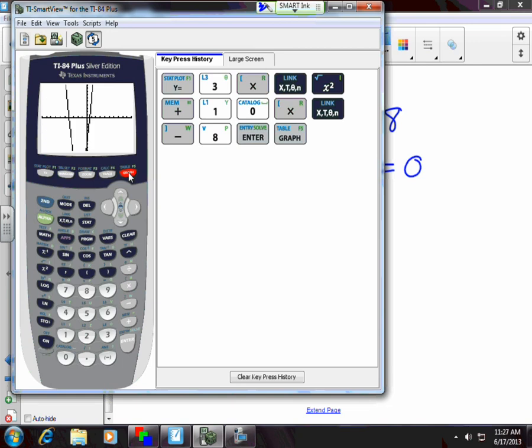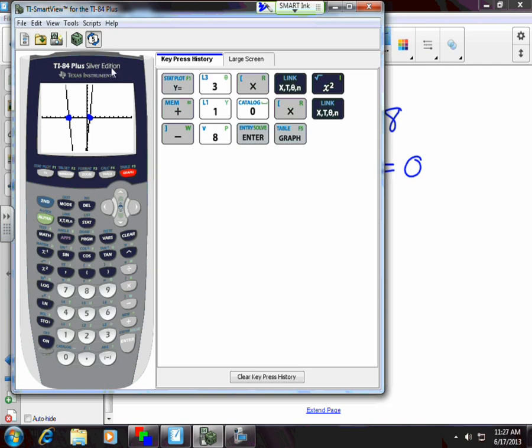So we have a pretty good picture of this quadratic function. We do not see where the graph bottoms out. But for our purposes, that does not matter because we are, remember, interested in finding the horizontal intercepts, where the graph crosses the horizontal axis. So we don't need to zoom or change the window here.